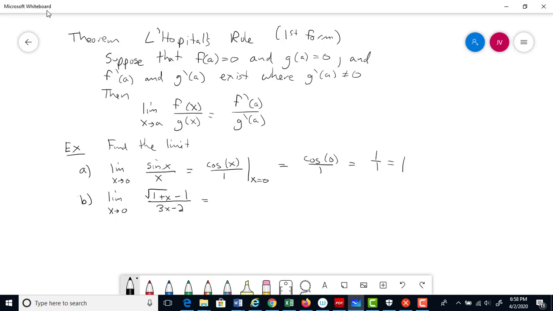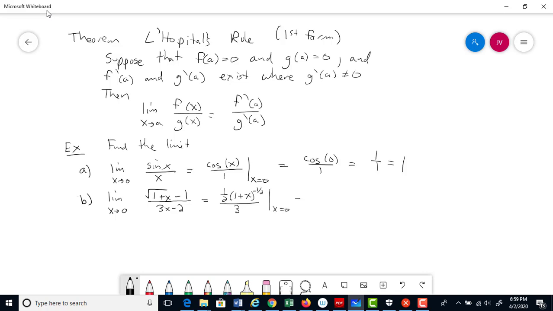So, first things first, I can rewrite this as x plus 1 to the 1/2 power, so I know the derivative of that is going to be 1/2 times 1 plus x to the minus 1/2 times the derivative of what's inside, which is 1, and the derivative of the bottom is going to be equal to 3, and this is all going to be evaluated at x equals 0.